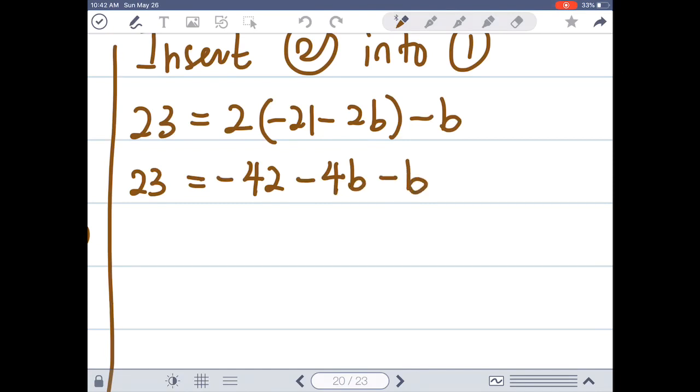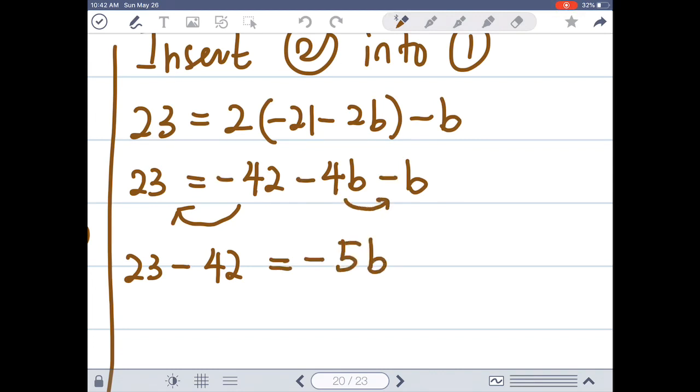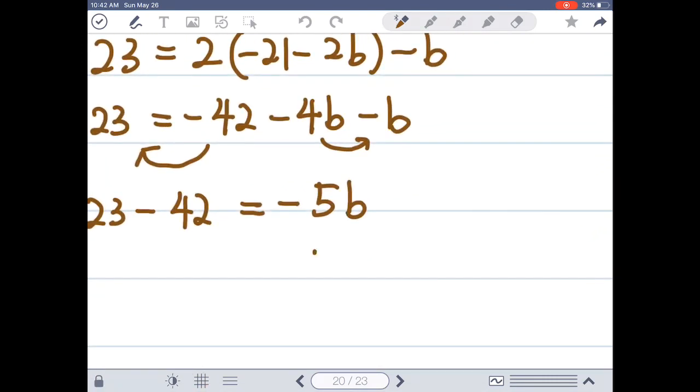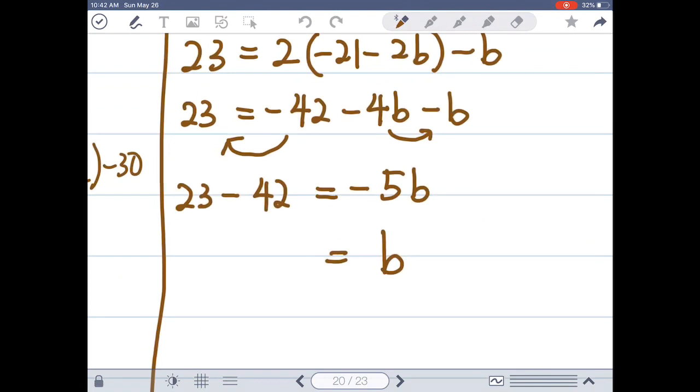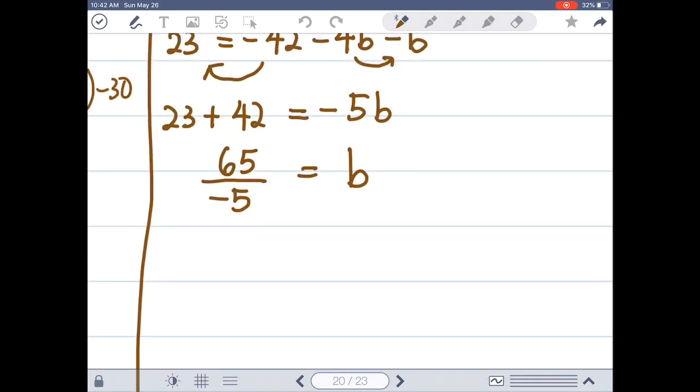Okay, so bring here 23 plus 42 equals to negative 5b. So b is just equals to 65 divided by negative 5. So we should get b equals to negative 13.